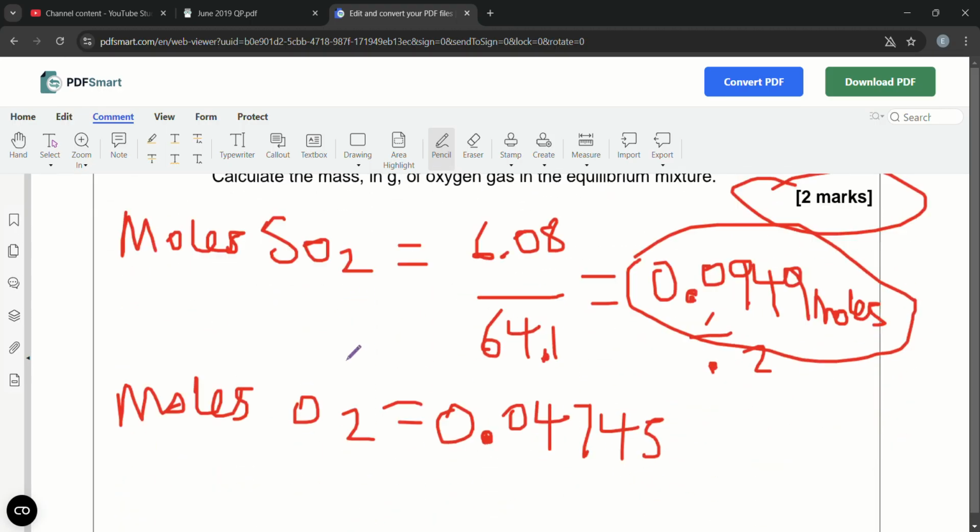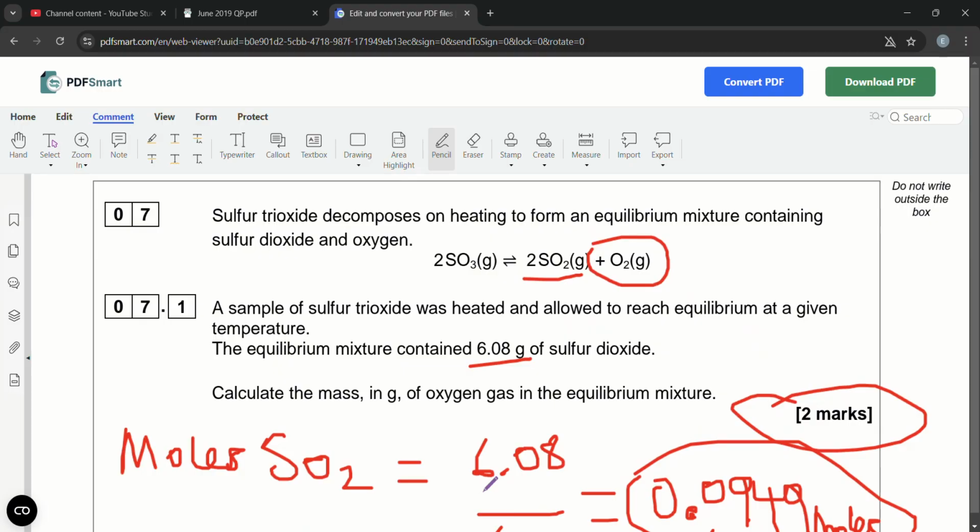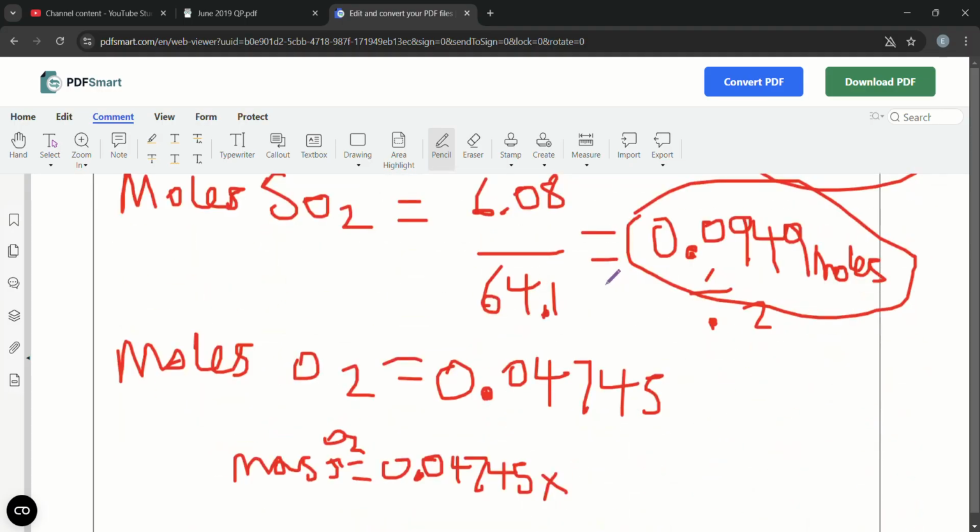Therefore, the mass of oxygen, we know moles is equal to mass over Mr, so mass is equal to moles times Mr. Mass of O2 is equal to 0.04745 times the Mr of oxygen, which is 32.